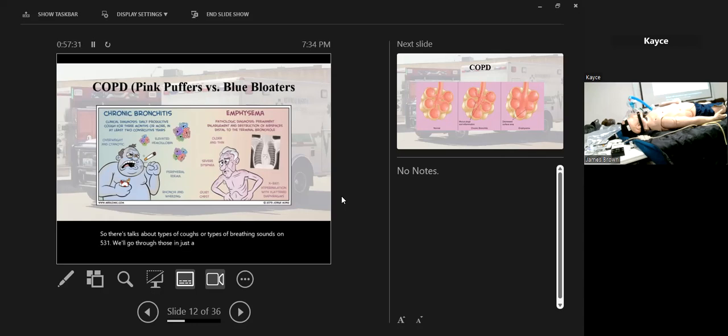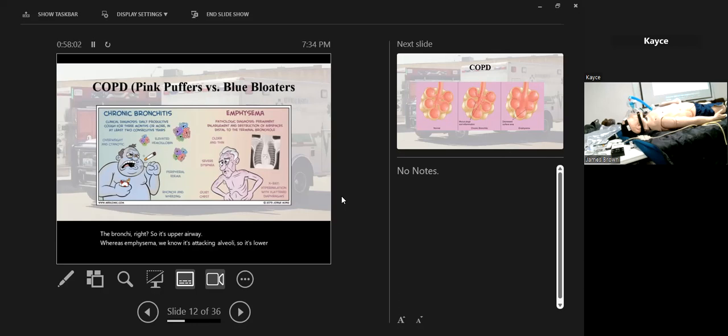So emphysema, pathological diagnosis, permanent enlargement and destruction of air spaces distal to the terminal bronchus. Bronchitis, where do you think that is irritating and inflaming? The bronchi, right? So it's upper airway. Whereas emphysema, we know it's attacking the alveoli, so it's lower airway.